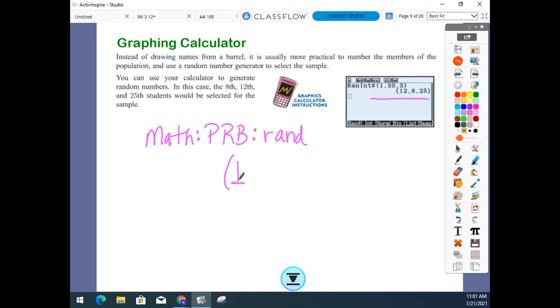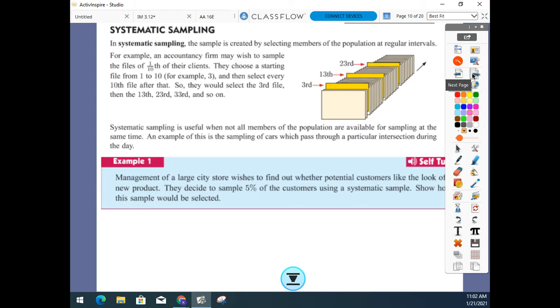You make this the first number that could be chosen, this the last number that could be chosen, and this the number of numbers you want to pick. So between 1 and 30, if I want to choose 3 numbers, the calculator chose those 3 particular values. You may use that in college if you take a stats class, but I don't know that we've ever used it. But it's kind of fun to see what the different buttons do.